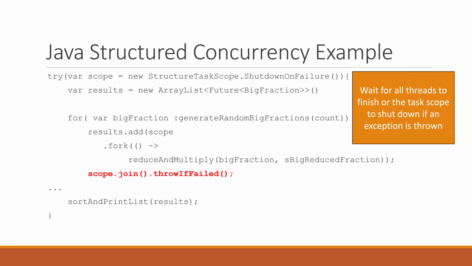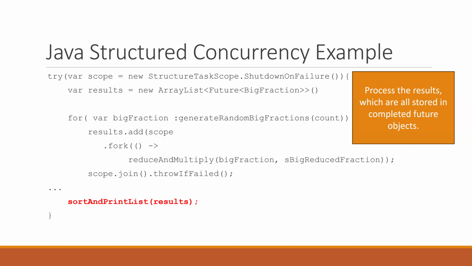Oh wait, here's the last one. I'm going to process the results, which are all now stored in those future objects. And I'll only do that once the join is finished, once everything comes in. So that's the sort and print list of the results. This is really important: the results will actually have all the real results once all the forks are done.